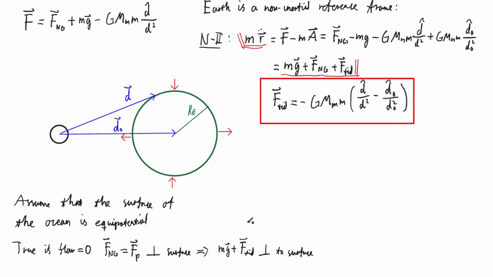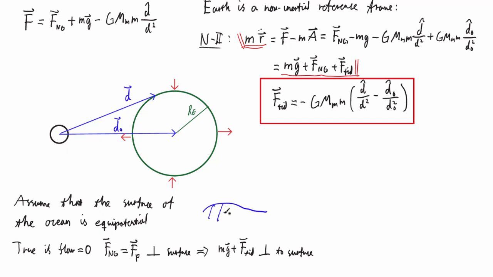And since the forces are the gradient of the potential, and therefore point in a direction perpendicular to the equipotential lines, this gives us that the surface of the ocean is equipotential.